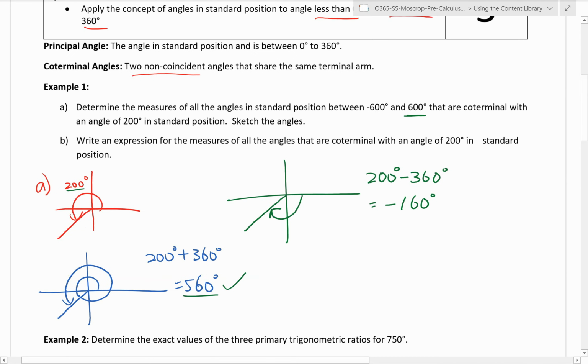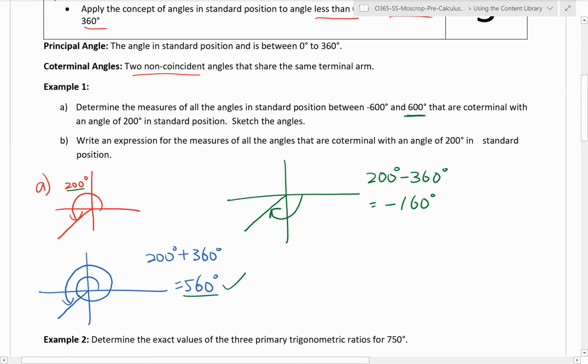Okay, we actually have one more. We can rotate again. Here's the terminal arm. We know this is negative 160. If we rotate one more round, one more rotation, again because we're rotating clockwise, we need to take away another 360. This is negative 520.